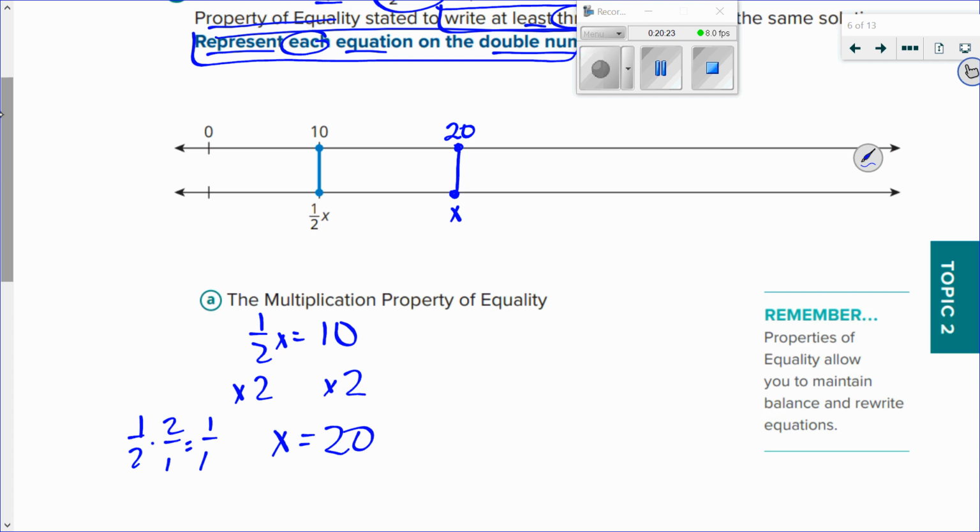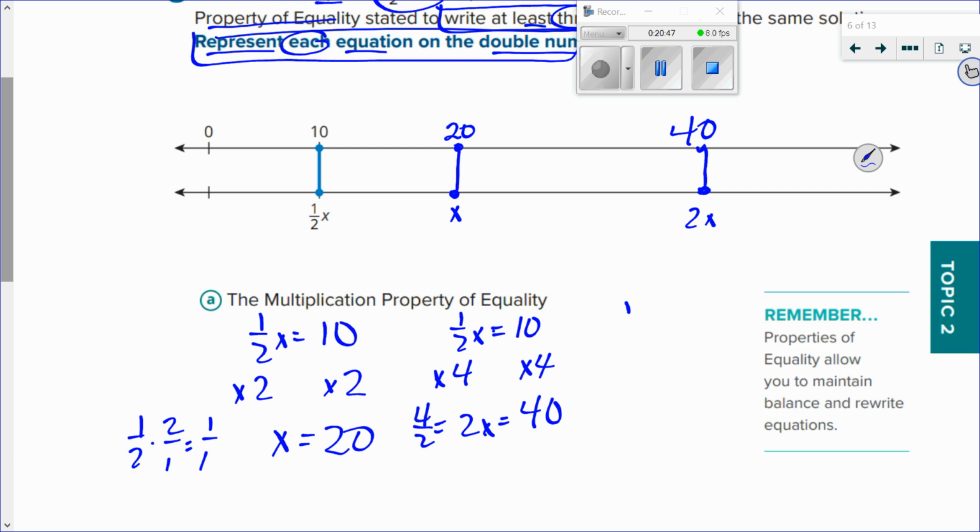Okay? I could also multiply by 4. So if I did times 4, that's 4 over 2, or 2x equals 40, which would be somewhere out here.